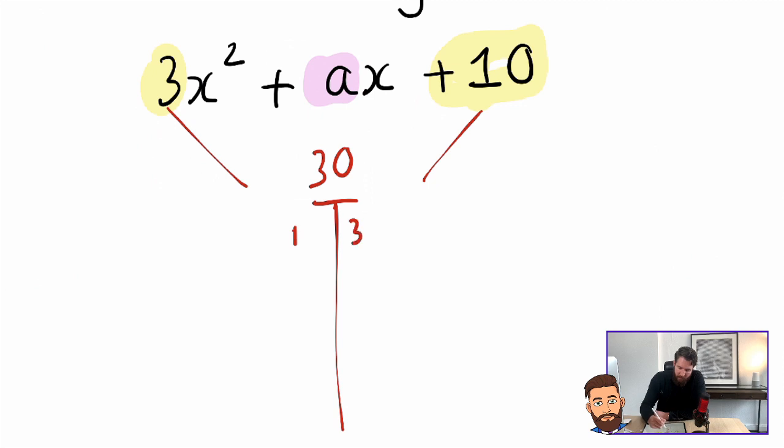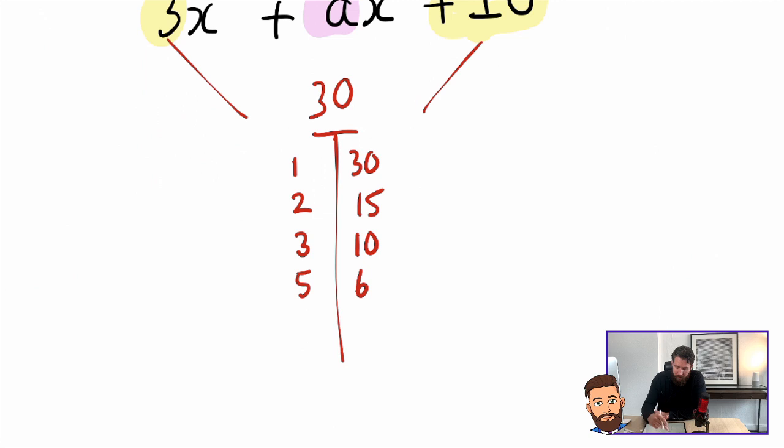1 and 30, 2 and 15, 3 and 10, 5 and 6. What else makes a positive 30? Well, all of these, positive and negative, will make 30.